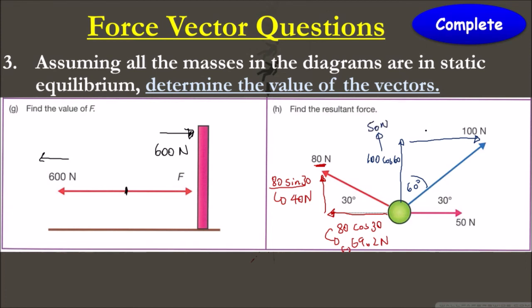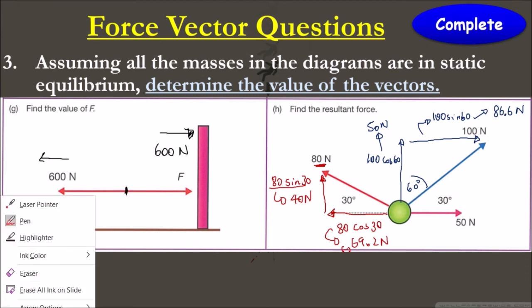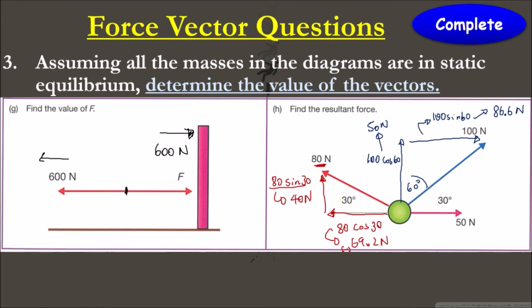Over here, we have 100 sine 60, and that would be about 86.6 newtons. Okay, so here it gets a little bit more complicated because we have multiple lines we need to work with.